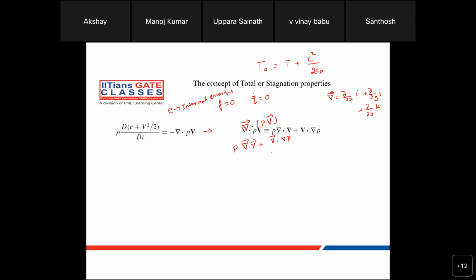Again, we are not going into the details now, I'm just saying how the process goes. Similarly, we can define d by dt of P by rho, by applying the u by v rule of d by dx.